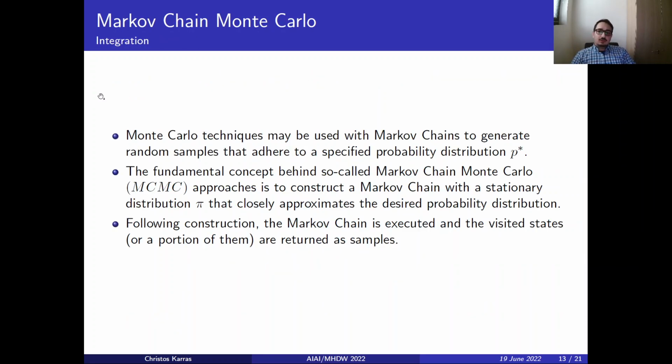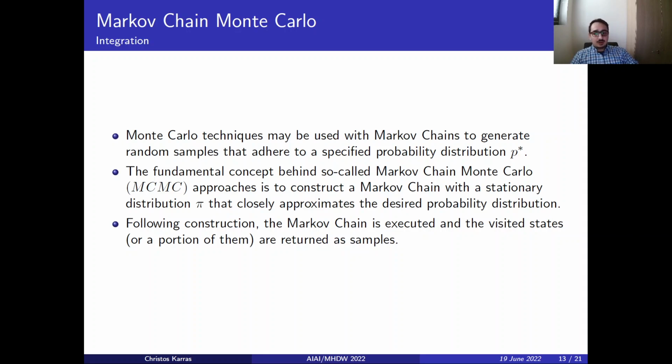Moving to the integration of Markov chain and Monte Carlo techniques, Monte Carlo techniques may be utilized with Markov chains in order to generate random samples that adhere to a specified probability distribution P. So the fundamental concept behind the famous Markov chain Monte Carlo, MCMC, approaches is to construct a Markov chain with a stationary distribution P that closely approximates the desired probability distribution.